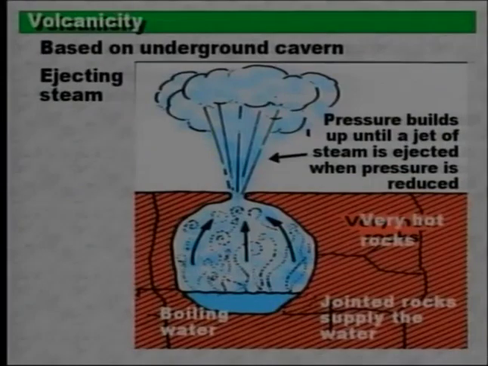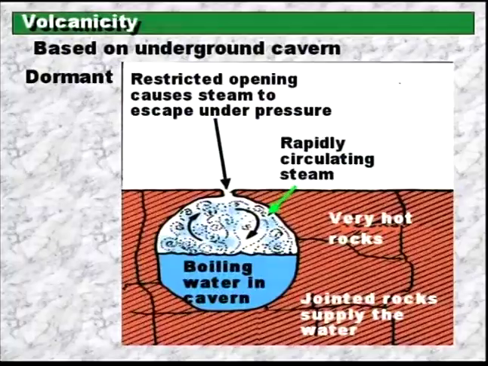So we'll go back again to those two diagrams. The first diagram shows us the dormant phase, but note water gets to be collected to fill up the cave-in here from joints or cracks in the rocks. Due to volcanic activities around where the cave-in is, the water gets to be heated up.